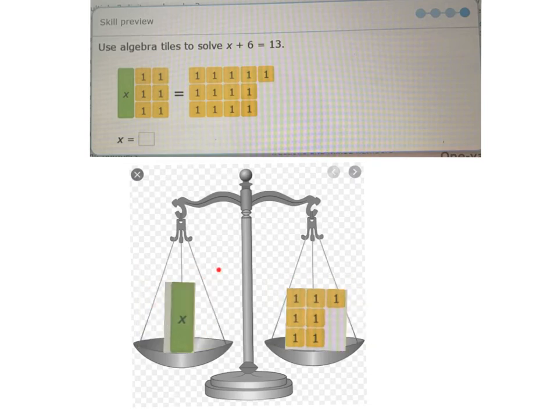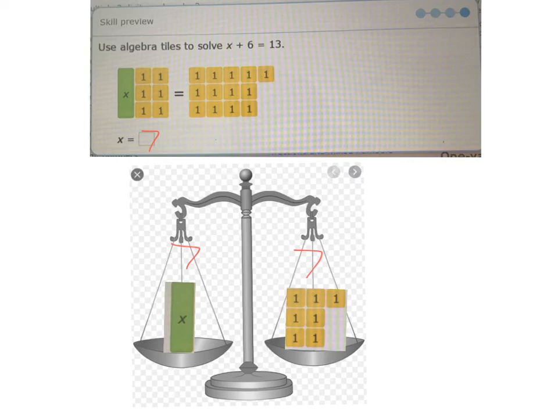So now I took those 6 away and 6 away from here. It's really easy to solve this question. X is equal to, or balanced with, 1, 2, 3, 4, 5, 6, 7. So we can say x equals 7. And we can check it in the expression up here to make sure that makes sense.